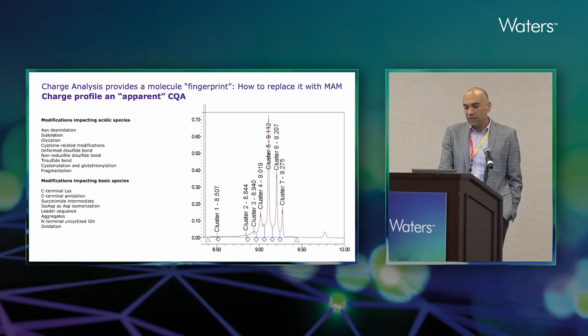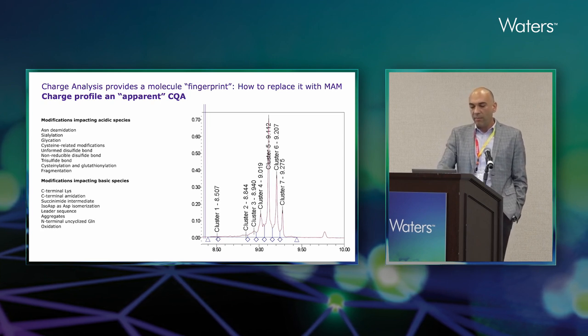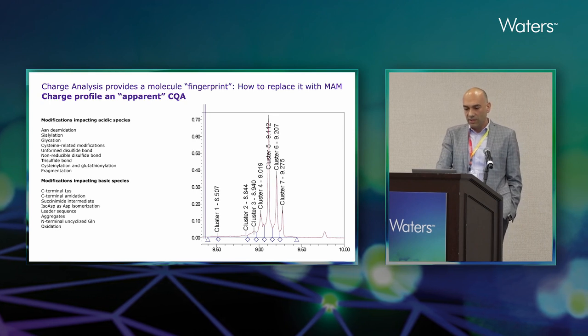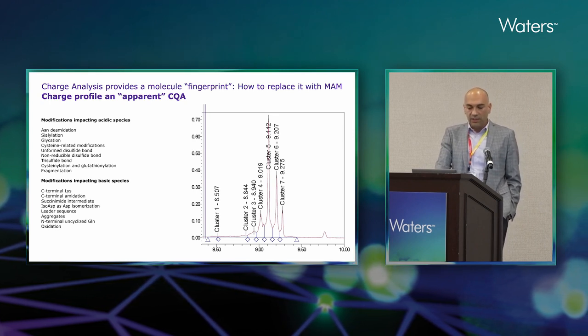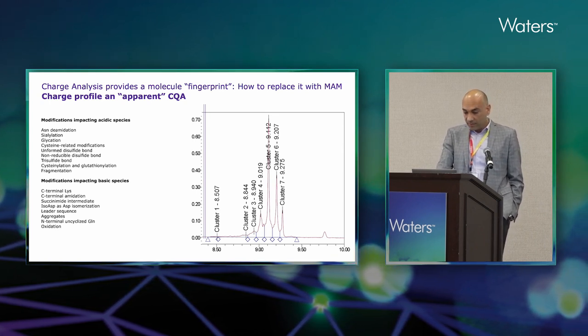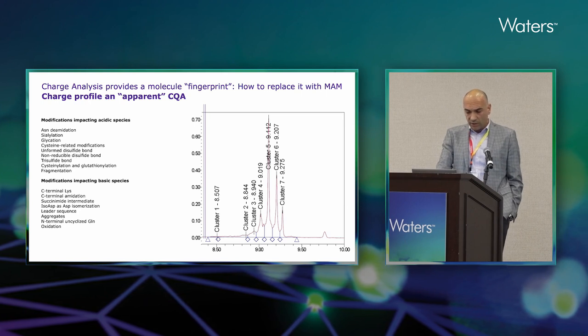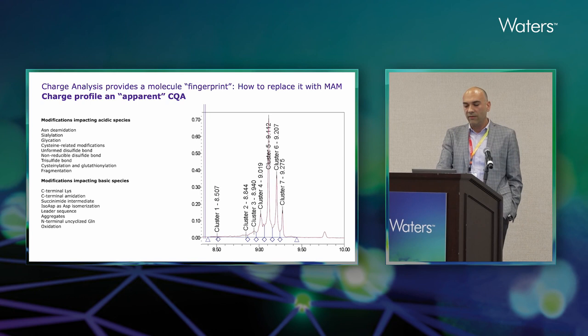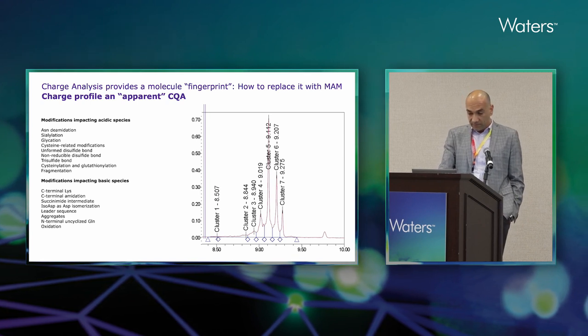Charge analysis, allow me to say, can be an apparent CQA, because the real CQA is the modification that is causing the charge, and this can be detected just by MAM. So this is a list of the most common PTMs that we have been detecting that can affect the charge.